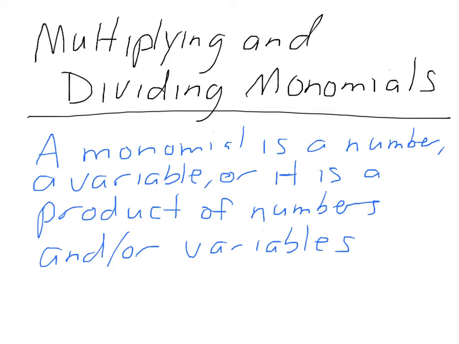So again, a monomial is a number, a variable, or it's the product of numbers and or variables.